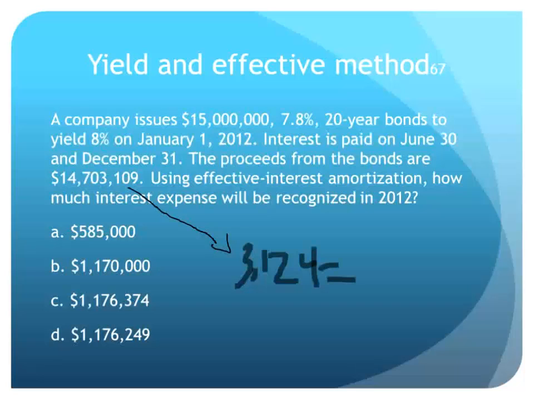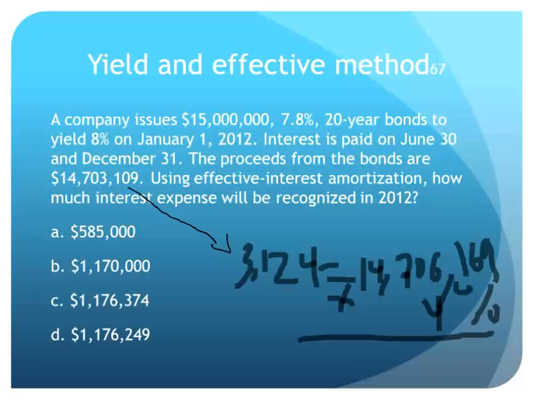The carrying amount is now going to be $14,706,169, right? And to calculate the next expense, you multiply this by 4%, and now you're getting 588,249.